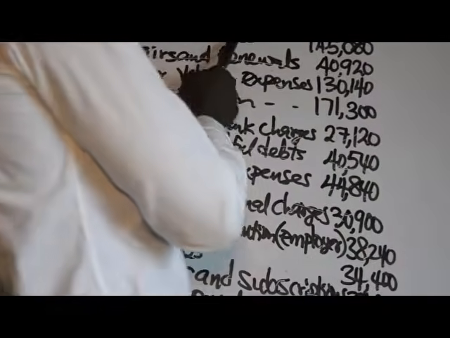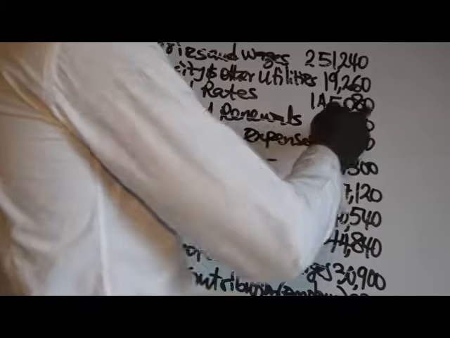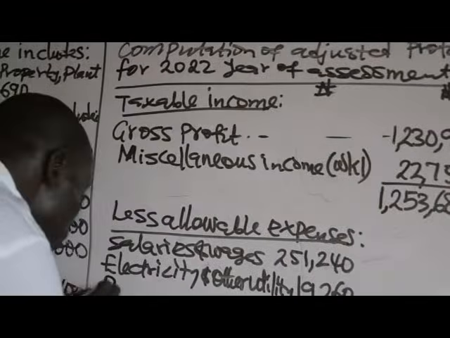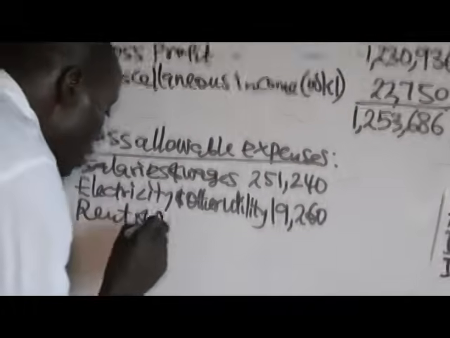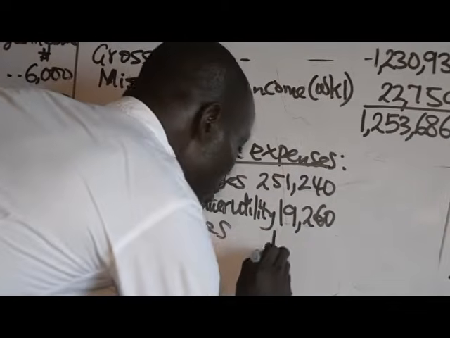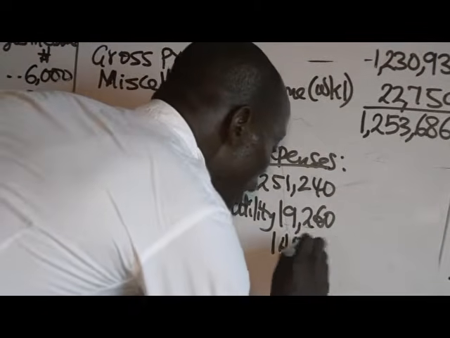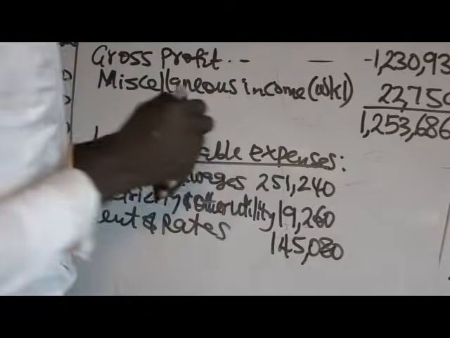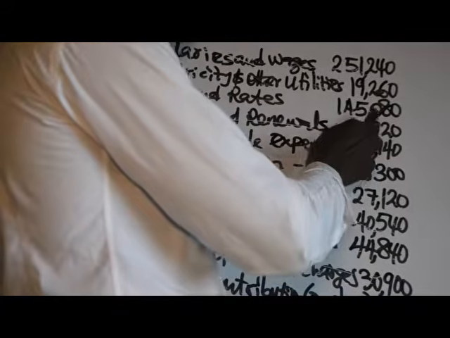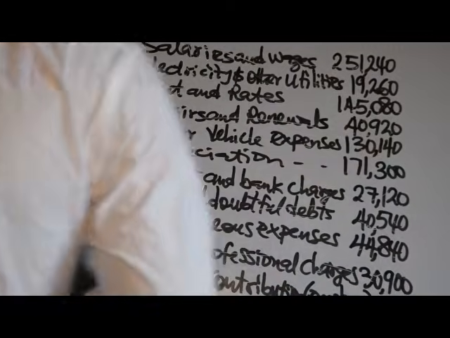Rents and rates, 145,080. There is no additional information on that. Rent and rates amounted to 145,080. Then we have repairs and renewals. It's also allowable. That amounted to 40,920.